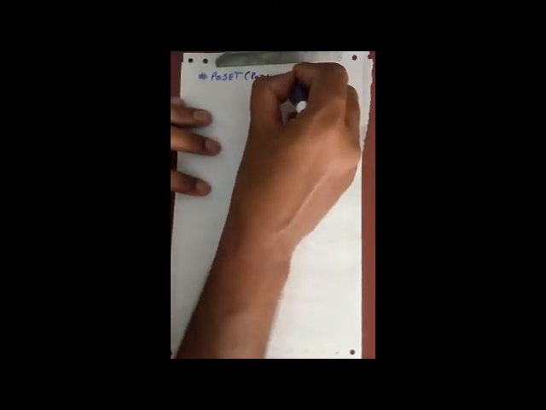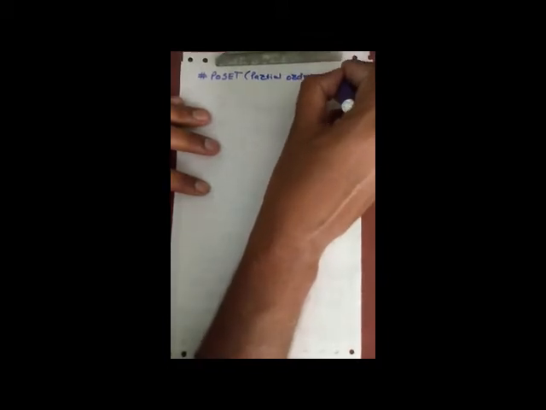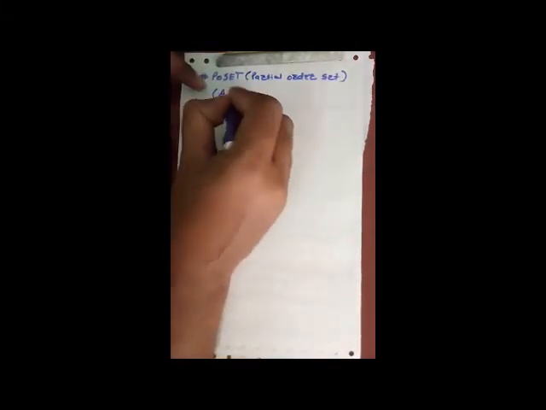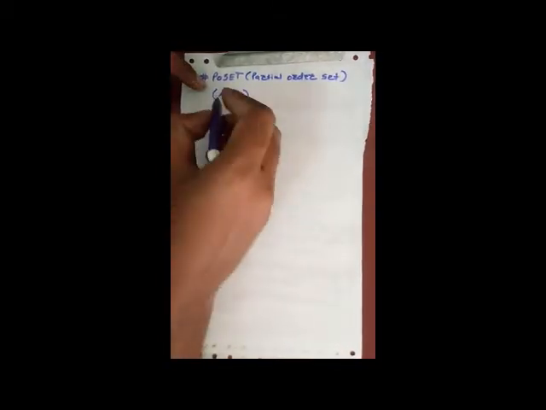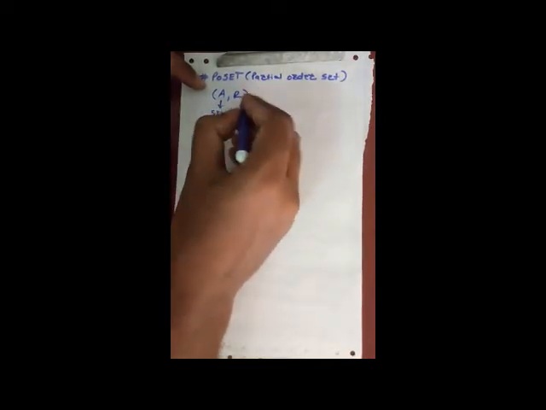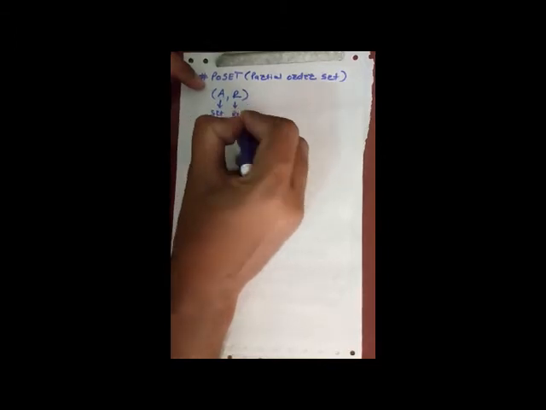Now we are going to see POSET, that is partial order set, and it is defined as (A, R), right? So here A represents a set and R represents a relation.